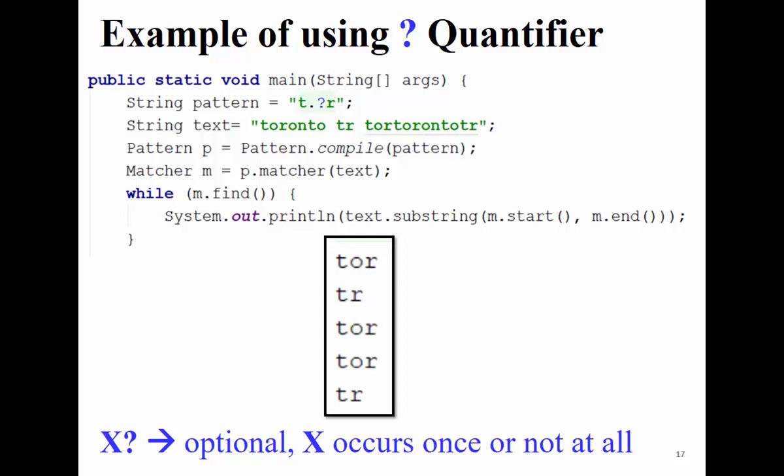But here, we are saying once or not at all, which means we can retain a pattern that starts with T, ends with R, and has nothing between. As you can see in the result, we have TR, TOR, TOR, then TR. These are all valid matches for our expression. Can all the students see the difference between this example and the previous one? Do you have any questions?